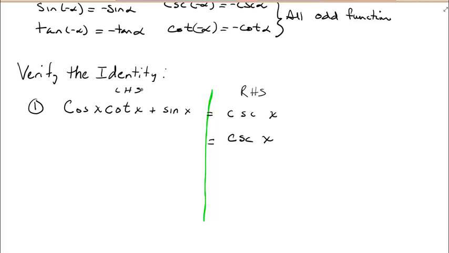So this falls under the category of: notice how we have a cosine, we have a sine, but then I have a cotangent. One of the things I can do is change, so I'll put little notes on the side here: change your trig functions to all cosine and sine.